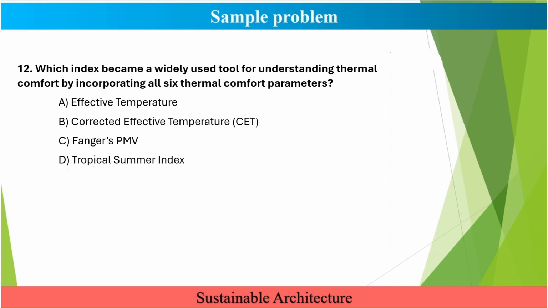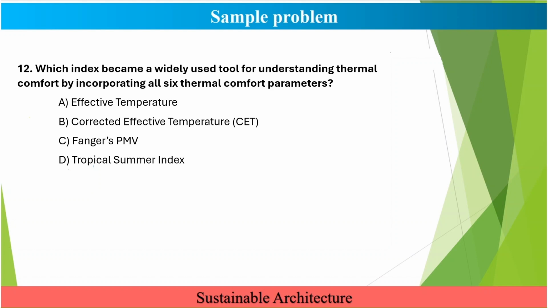That is C option. Fanger's PMV model is the correct answer for this particular question. Can anybody tell me what is the full form of PMV? Predicted mean vote. Yeah, predicted mean vote. So it has become a widely used tool for incorporating all the 6 parameters.